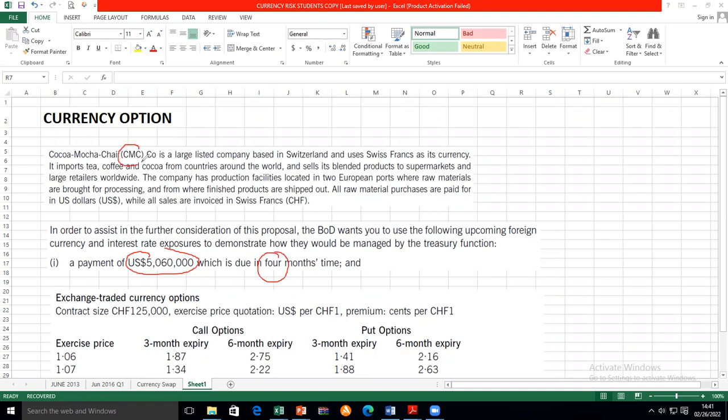Our company is called CMC, and it is based in Switzerland and uses a Swiss franc as the domestic currency. So Swiss franc is the domestic currency.